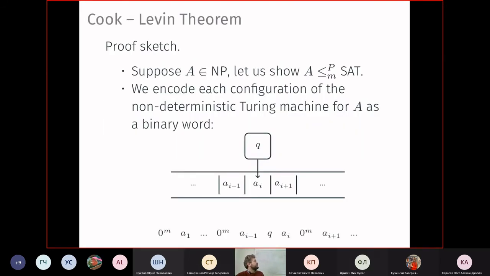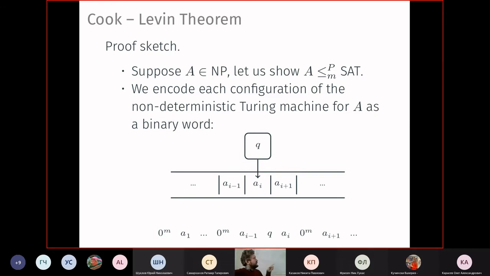So this is a proof sketch. Suppose A is in NP, and we want to show that it's reducible to SAT. For each configuration of the Turing machine, we write it down as a binary word. The binary word is written at the bottom, but I will have to comment on it. There is only one place where you have the Q. This is the place which the machine observes.